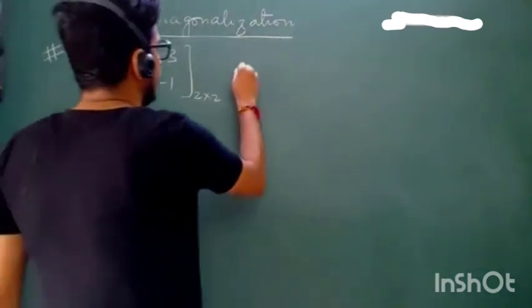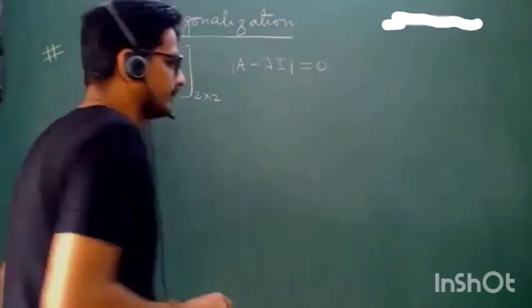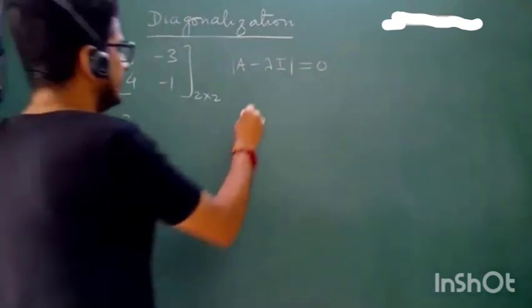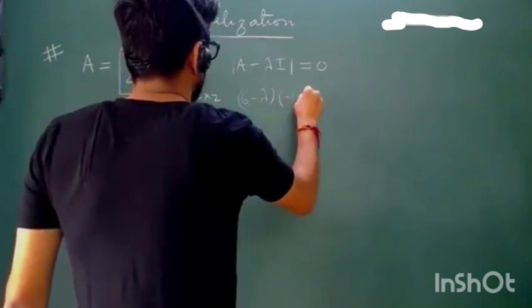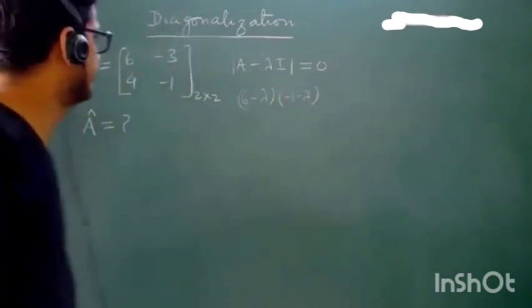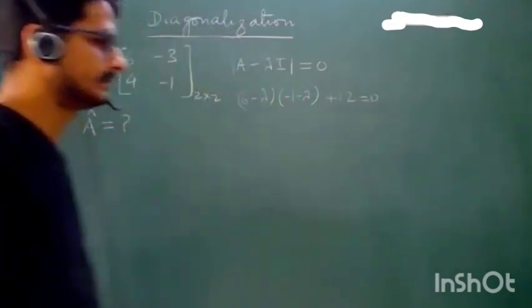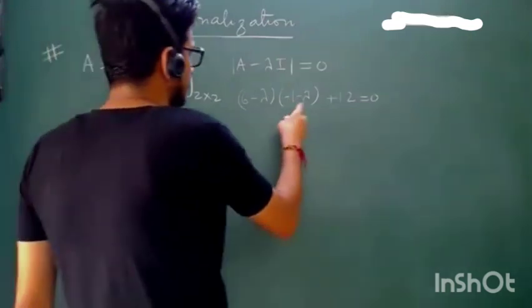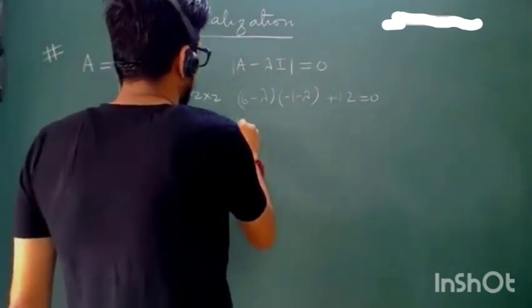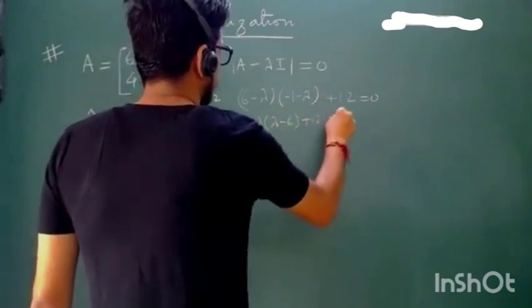So just write the determinant of A minus lambda I is equal to 0. What will you get from here? 6 minus lambda, minus 1 minus lambda, and plus 12 is equal to 0. This will give lambda plus 1 and lambda minus 6, plus 12 is equal to 0.